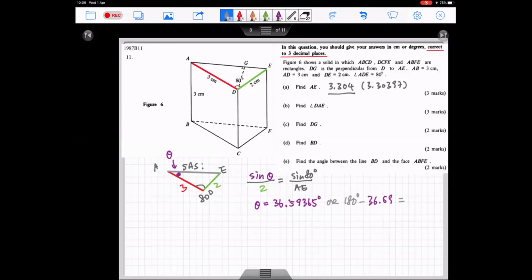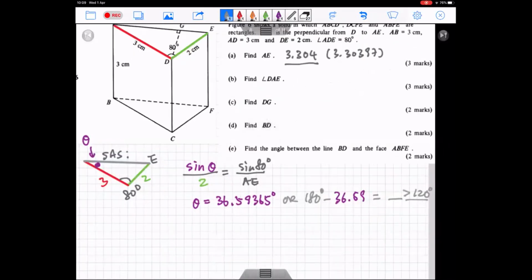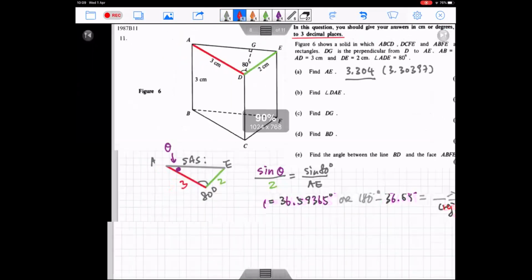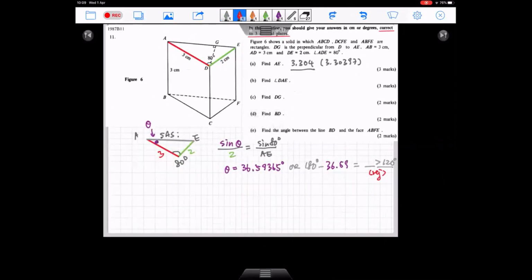This answer is greater than 120, so it violates the angle sum of triangle. It cannot be greater than 120 because there is already an 80 degrees there. So we do not accept this one.